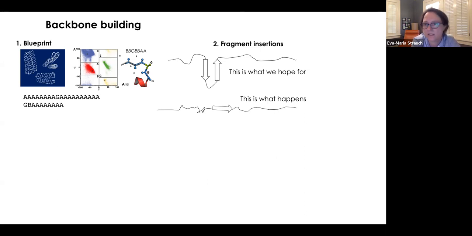And so you can essentially have a 5-letter alphabet to describe a fold as a whole sequence.